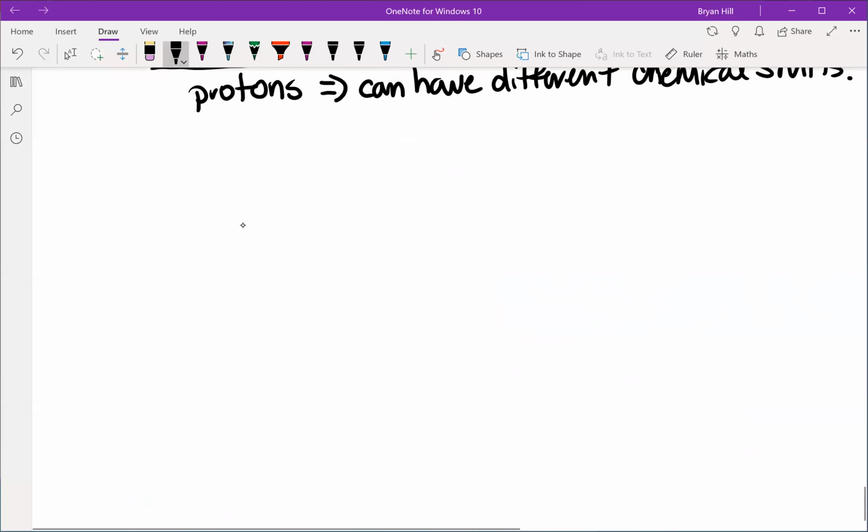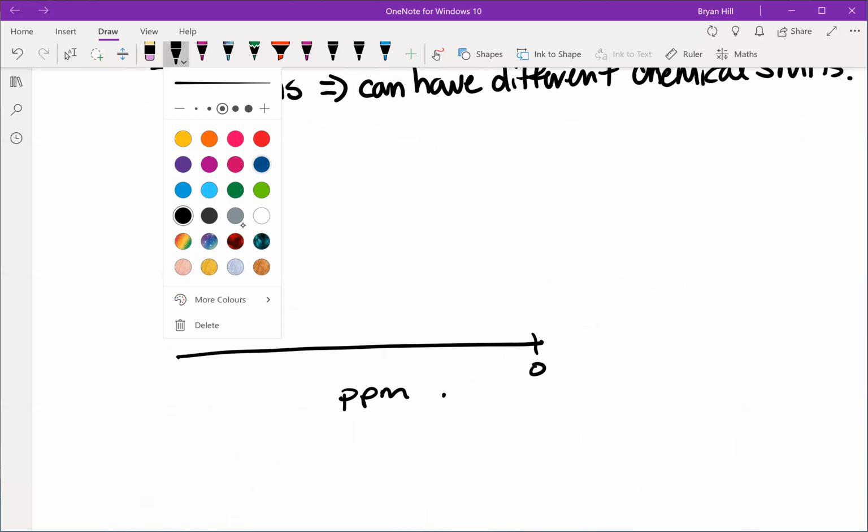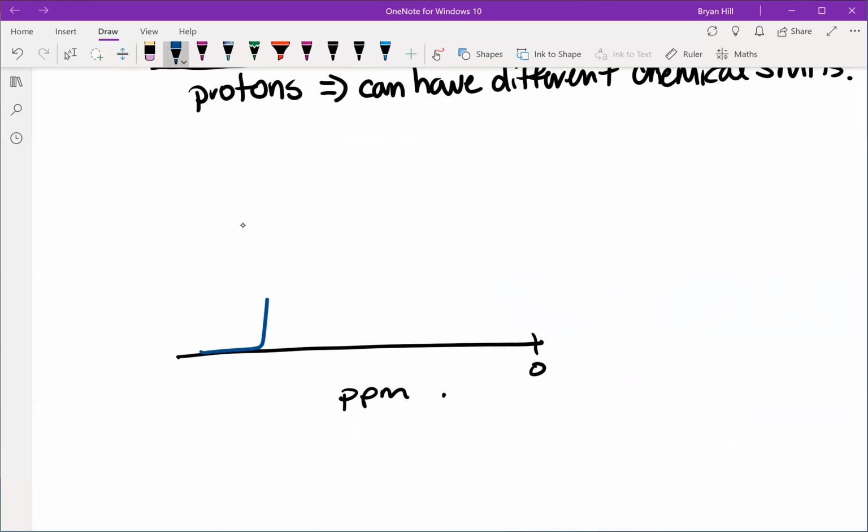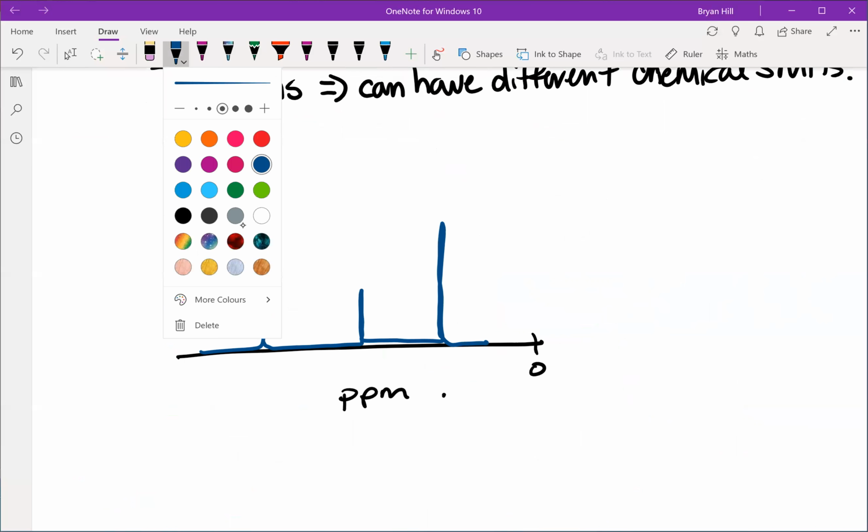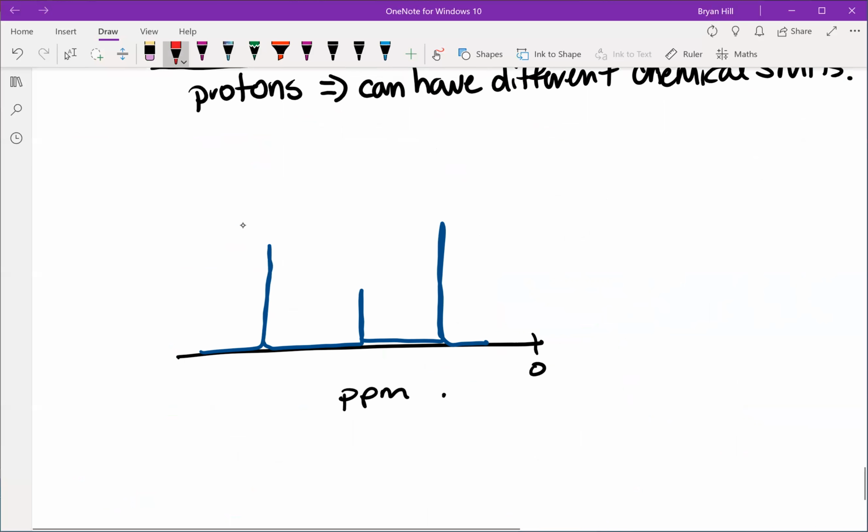Let's pretend that we've got a chart. Here's our 0 ppm, and let's pretend that we've got a signal here, a signal here, and a signal here. The integrals are going to be above the line. So let's say this one is like this, this one is like this, and this one is like this.